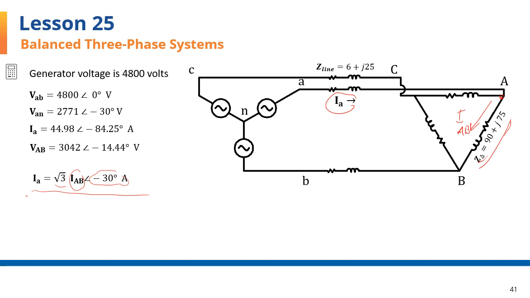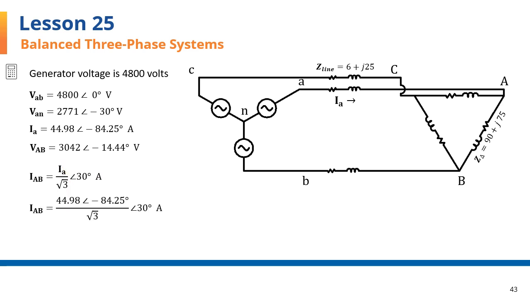From here we can find IAB, and by rearranging the terms, IAB becomes IA over square root of 3 at plus 30 degrees. We have all the values we need to put in here. Well, all we needed really was the IA, and the answer comes to 25.97 amperes with negative 54.25 degrees of phase angle.